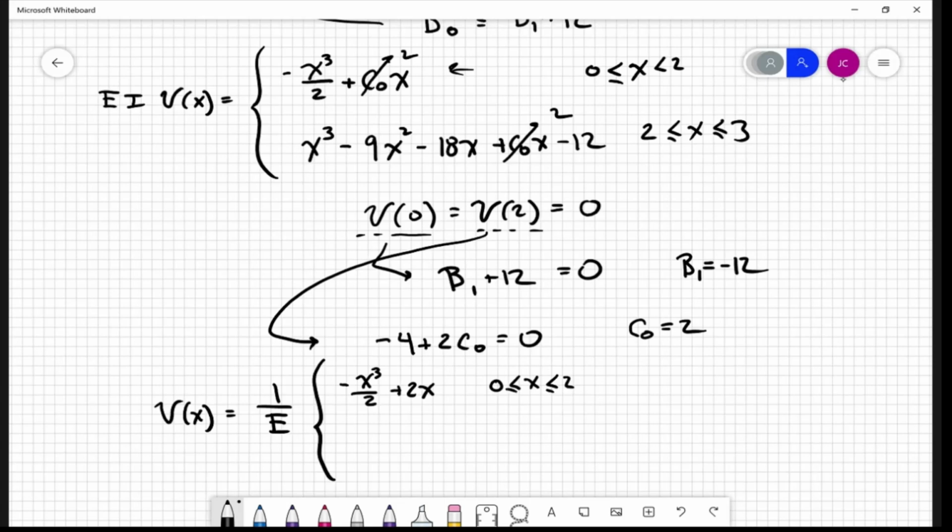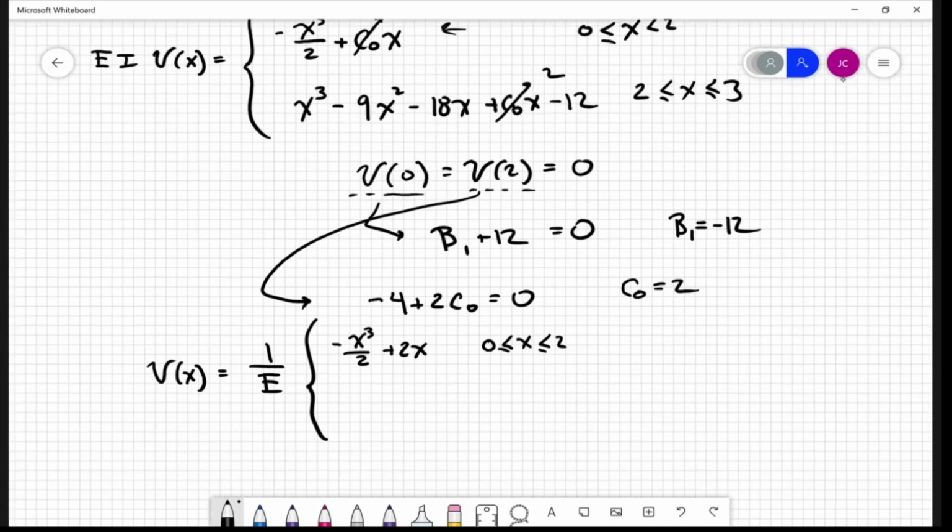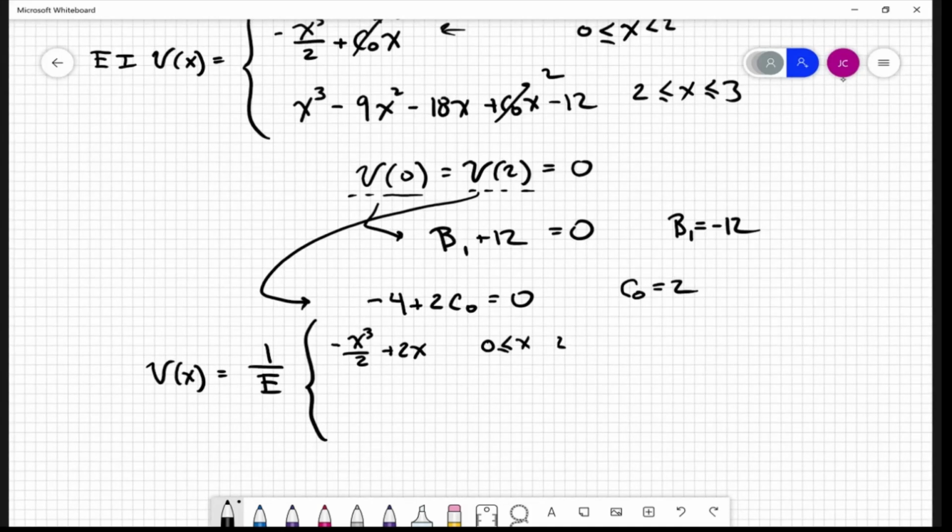And then, I guess I've been calling this less than or equal to, but it really doesn't matter because it's continuous. And then on the bottom one, I get x cubed minus 9x squared minus 18x plus 2x. So that actually combines with this, right? And gives me minus 16x minus 12.